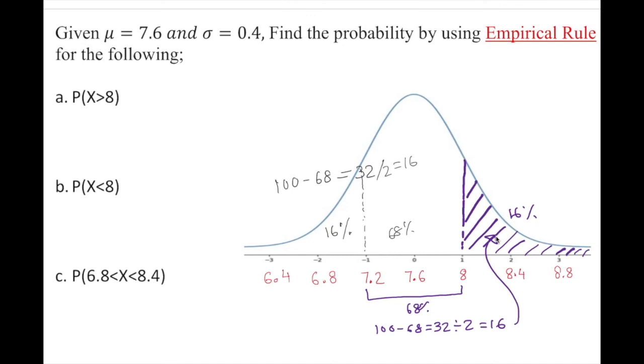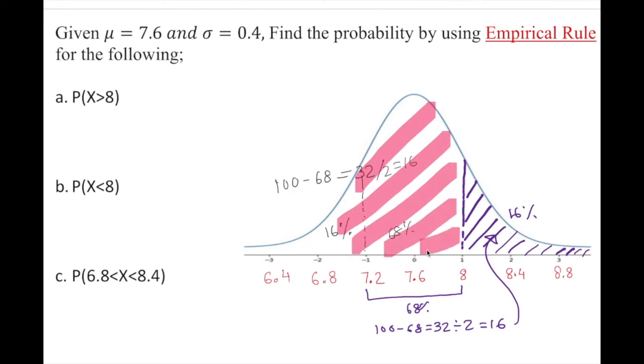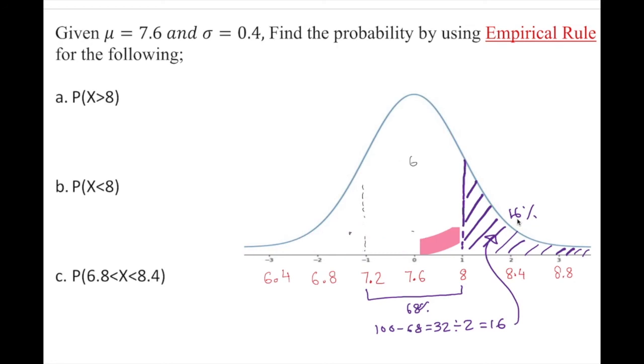Now, if we look into the next one here, x less than 8. I'm going to erase this mess here. Well, actually, instead of erasing, I can use a different ink here. We are looking at the area on this side, the left side. What is the area less than that? So 100 minus 16. We can just do it like that actually.